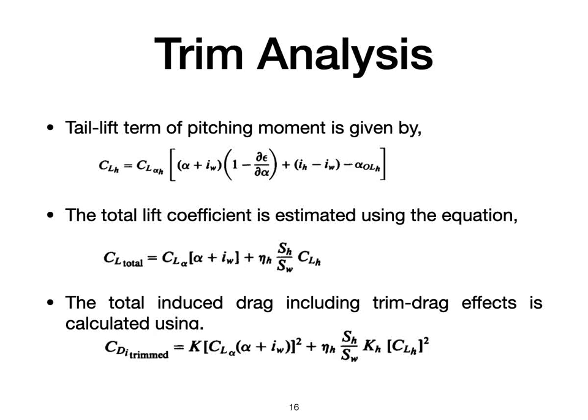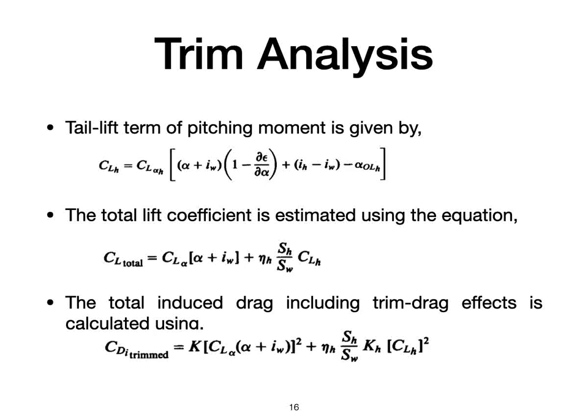The equation is used to determine the tail lift term, that is CLH, which is equal to CL alpha H into alpha plus IW into 1 minus dou epsilon by dou alpha plus IH minus IW minus alpha naught LH.